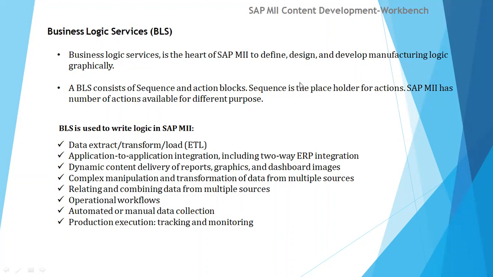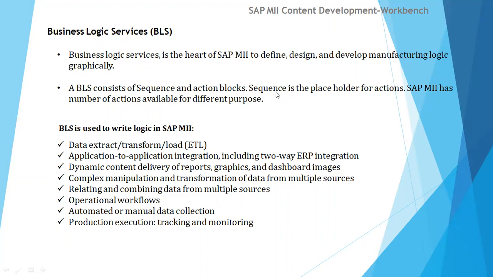A sequence is the placeholder for actions. There are already standard actions available in MII that take some input and give you some output, and you can place those actions inside your sequence.